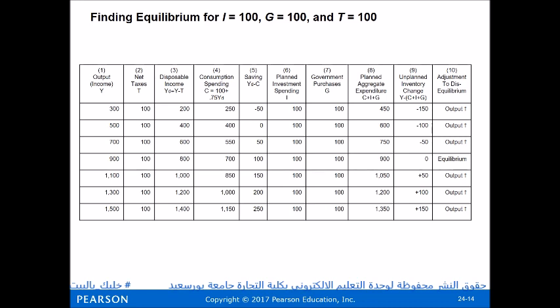In column 5, we have saving, and saving can be calculated by subtracting the value of consumption at each level of Y or YD from YD, and not Y. So for example, the first value of saving, which is minus 50, can be obtained by subtracting the corresponding value of consumption, which is 250, from disposable income, which is 200, and not before-tax income, which is 300.